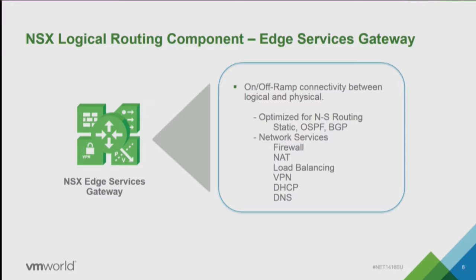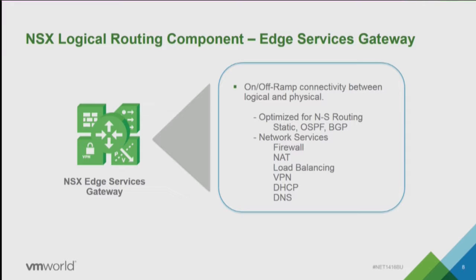That's the very first role of this Edge Service Gateway. It's also handling dynamic routing protocol, so we can do static routing, OSPF and BGP. It's doing it towards your fabric and also towards the DLR.